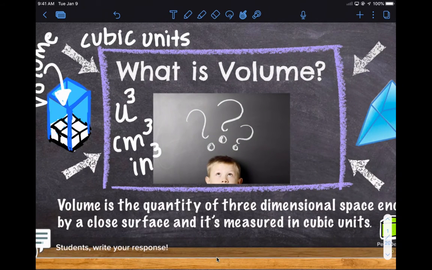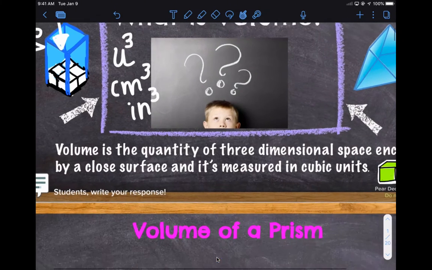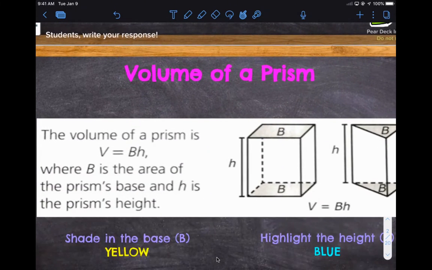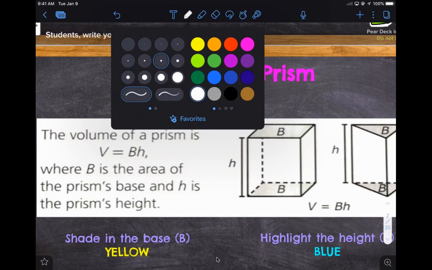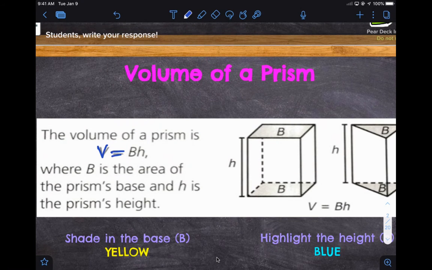In this video, we're going to go over only 5 slides, and then I'll create another one with 5 slides. So here, volume of a prism. The volume of a prism is in your formula chart. Volume equals big B times height, where big B is the area of the prism's base, and the height is the prism's height.